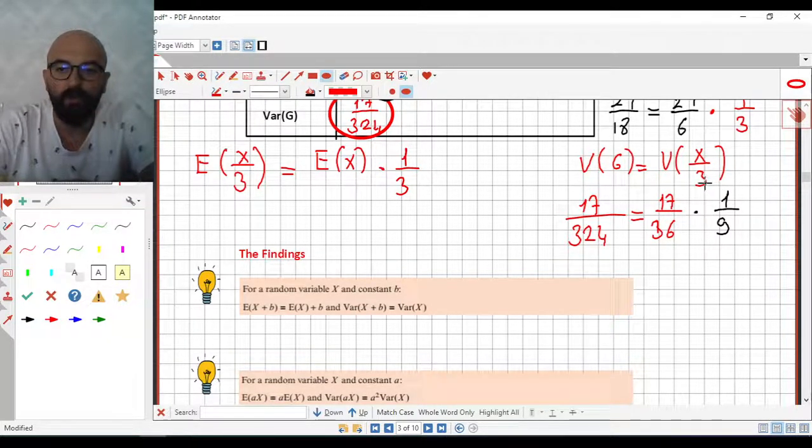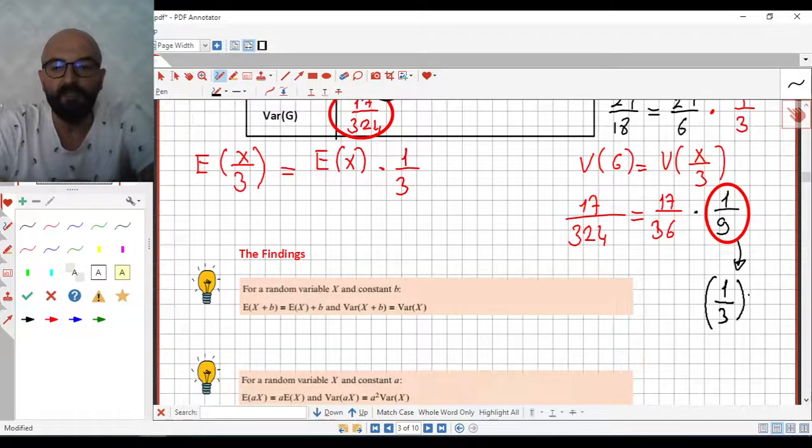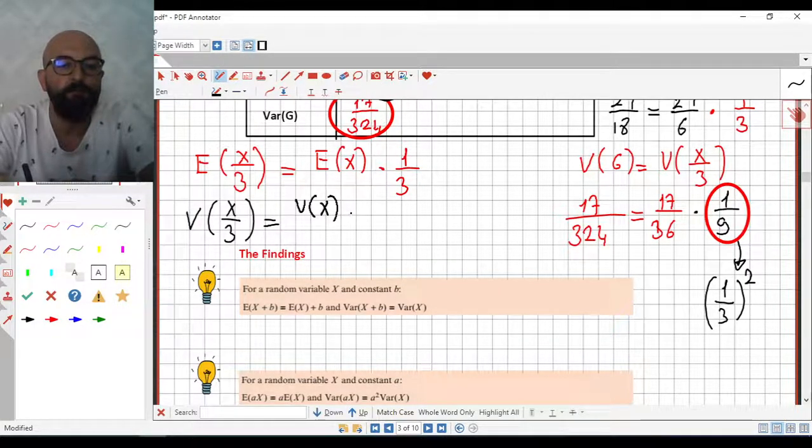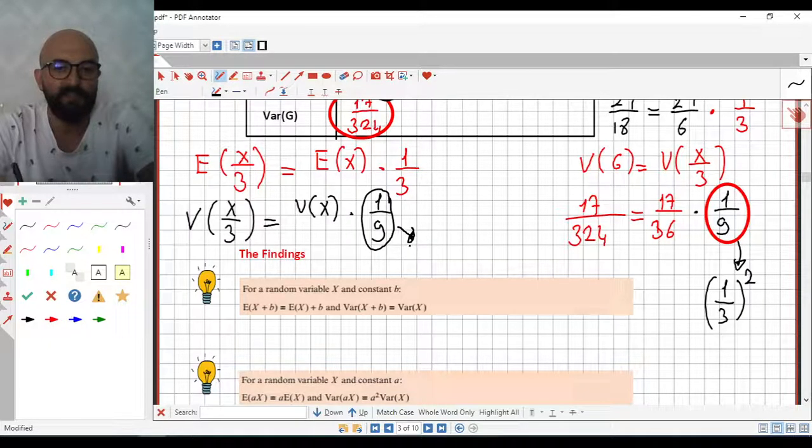So 1 over 9 equals 1 over 3 squared. So the variance of X over 3 means the variance of X multiplied by 1 over 3 squared.